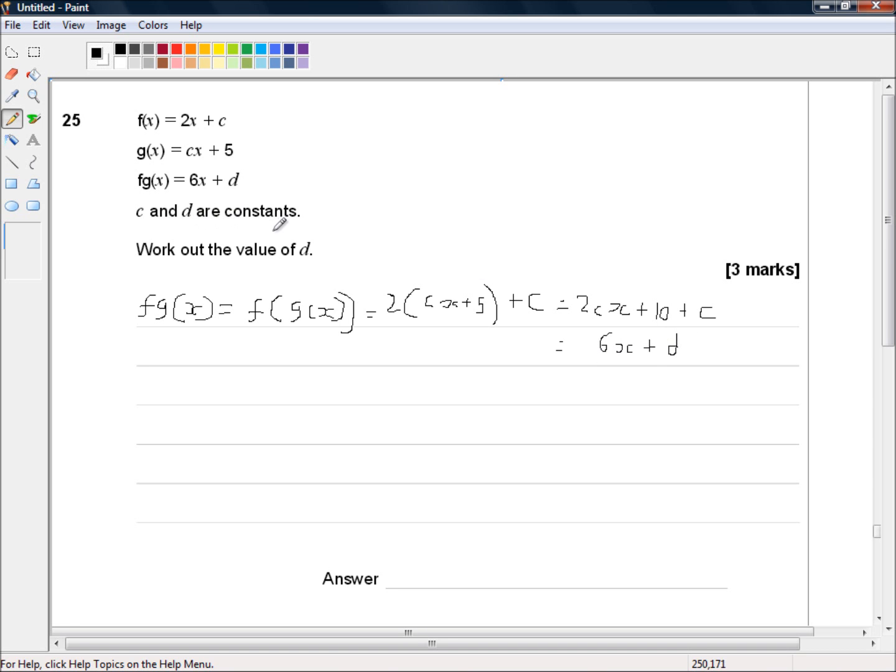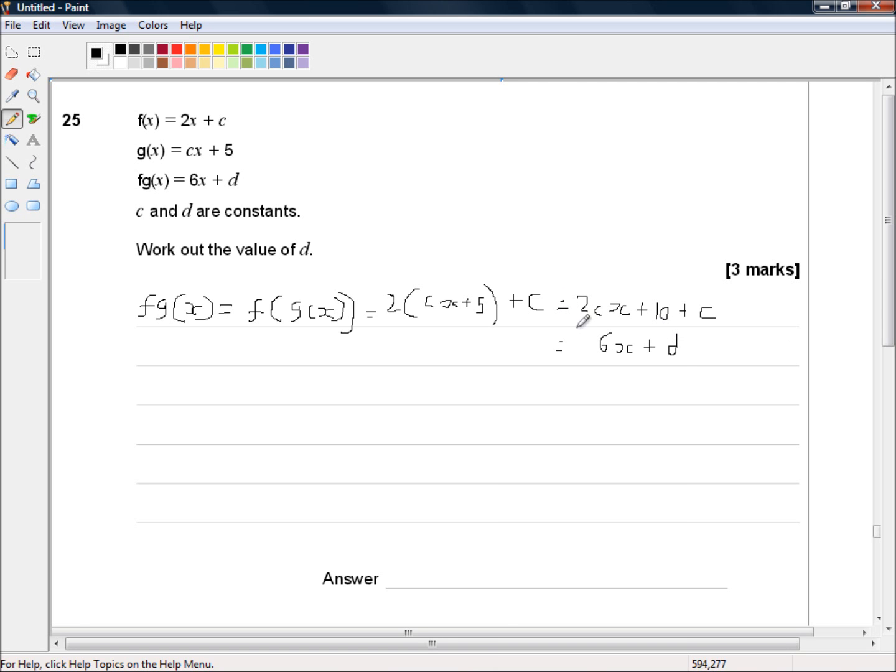Now, c and d are constants, so we can treat the c as a constant, it's not a variable. So we can compare like terms here. This is 2cx, and this is 6x, and this is 10 plus c, and this is d.